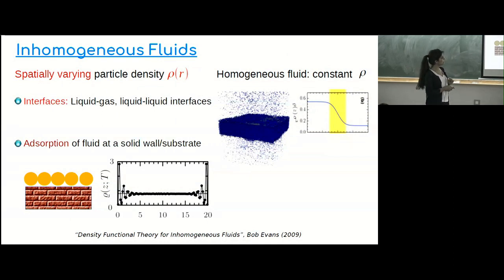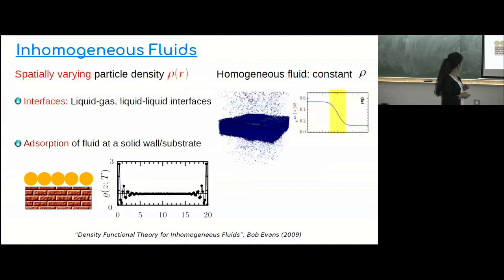If you look at the density profile across the interfacial region, which separates the two phases of the fluid, you see a gradual pronounced change in the density. This is the liquid phase, this is the vapor phase, and in the interfacial region, marked by the yellow color here, you see a sudden change in the density profile.